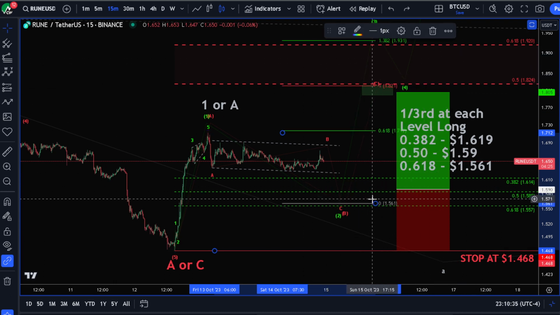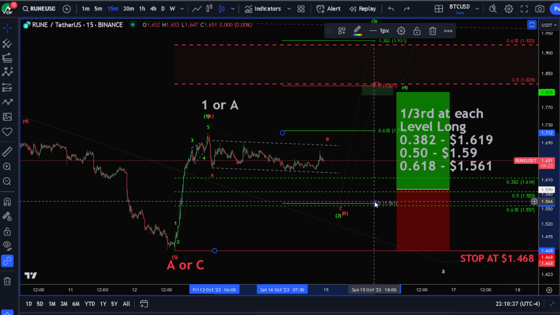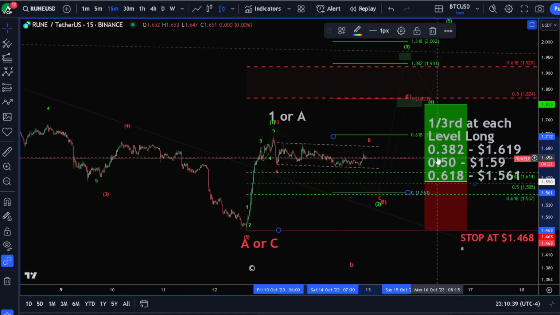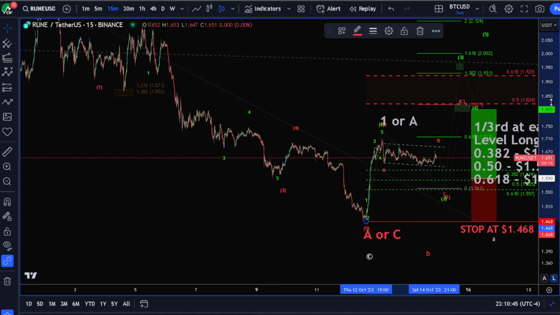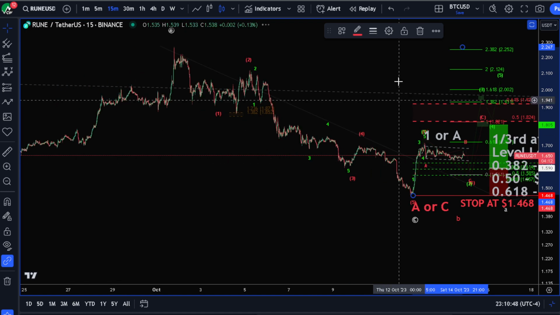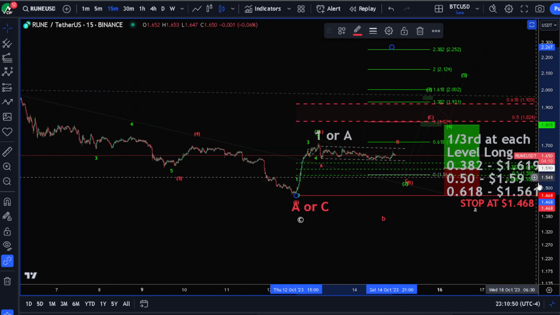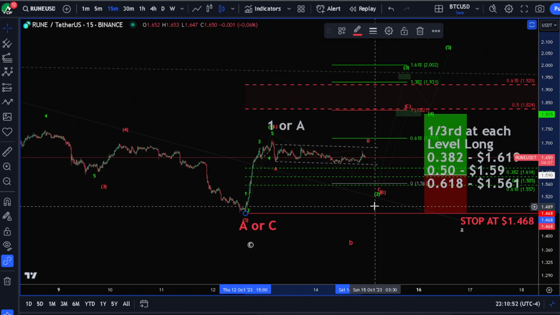But if we come down to the 618, it's currently around 182. And there's our 50 and our 618 of the wave to the downside, which I'm looking for as our B wave.